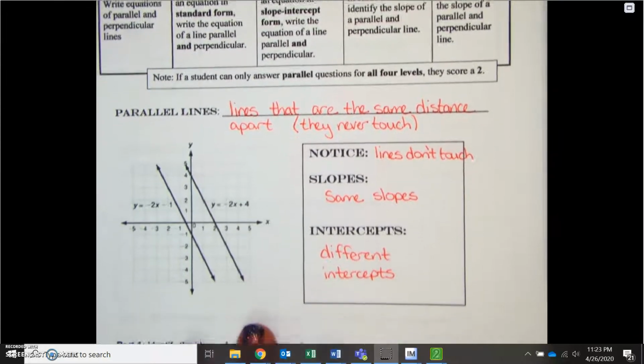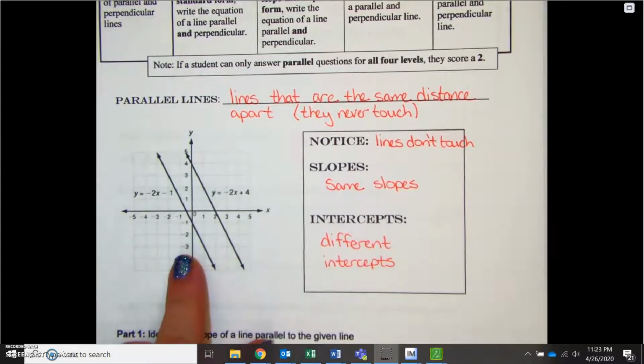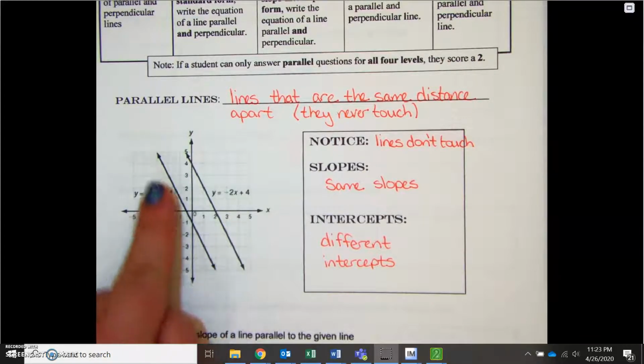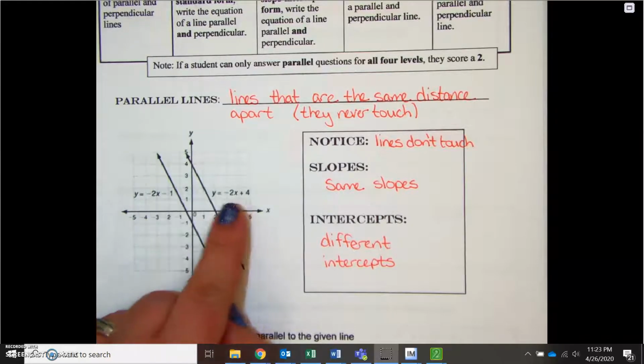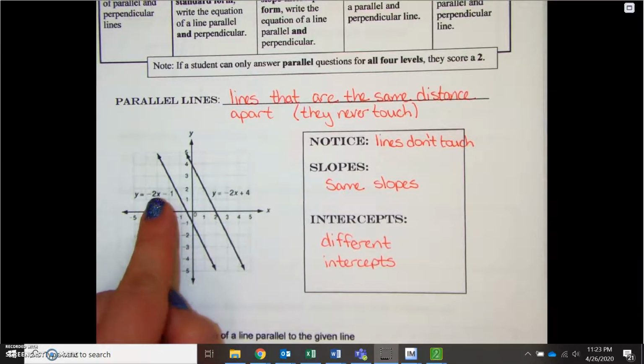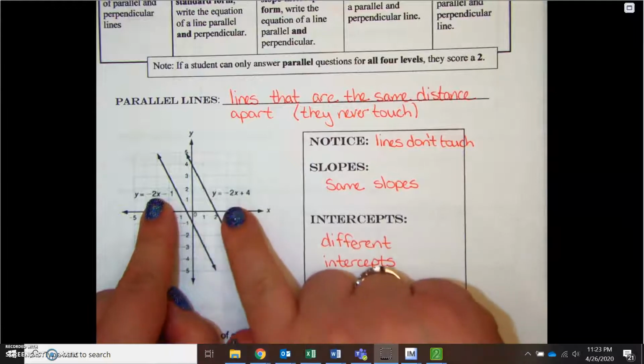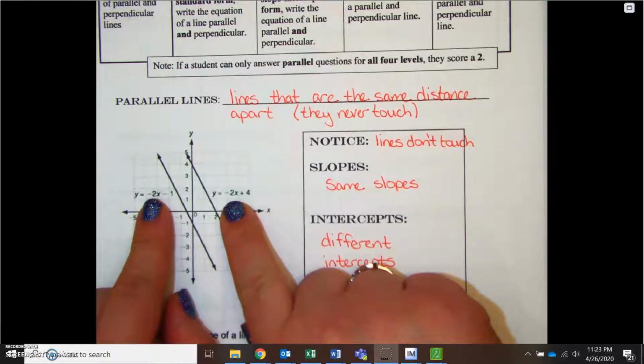So when we look at this graph, some things that we notice about these lines. First of all, I notice that these lines are the same distance apart and those lines don't touch. They were kind enough to give us the equations to these lines. And when I look at these two equations, I notice that the slope, and remember that's the number in front of the x, is the exact same number.